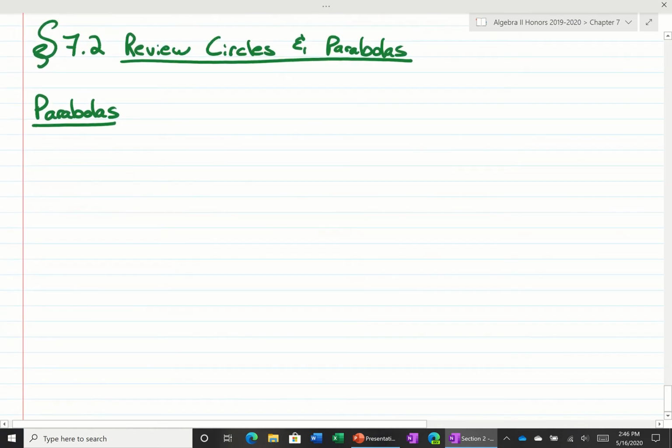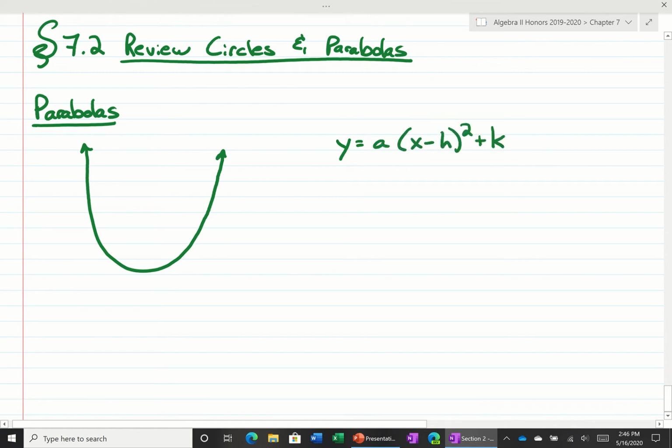So when we're talking about parabolas, parabolas look like this. In general, we use the equation of a parabola written like this. This is called vertex form. And when we have a parabola, all parabolas have what's called a vertex that we use h and k to represent.